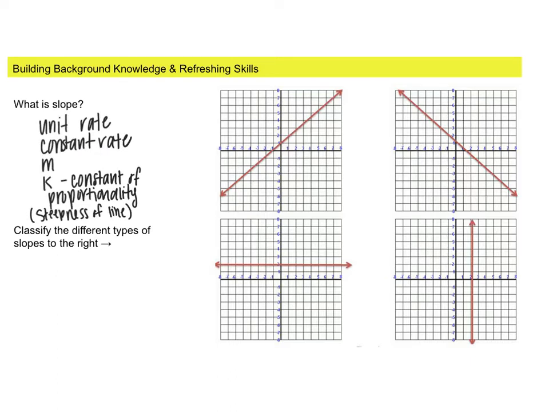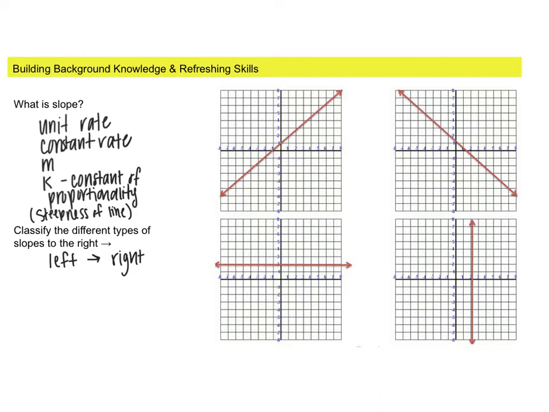All right? So we're going to look at the different slopes for these 4 graphs off to the side, and we're going to talk about the differences between them. One thing I want you to remember is that you're always looking from left to right to classify your slopes. Just like we read from left to right, we look at these graphs from left to right.